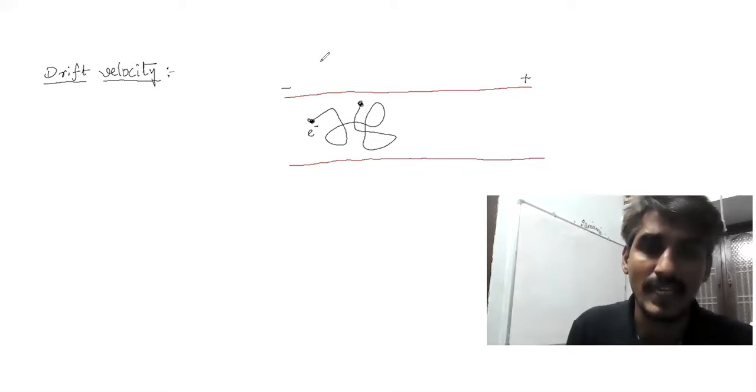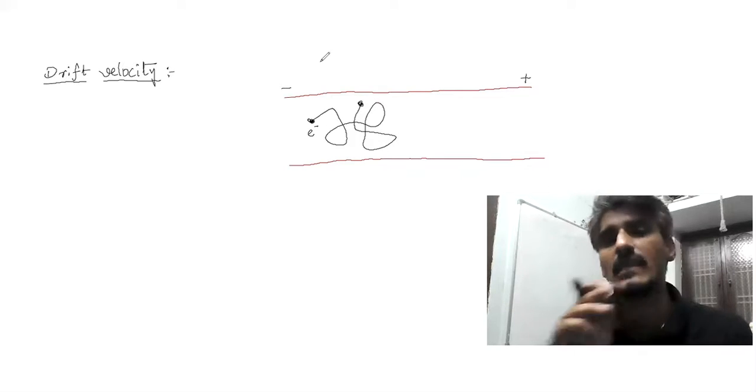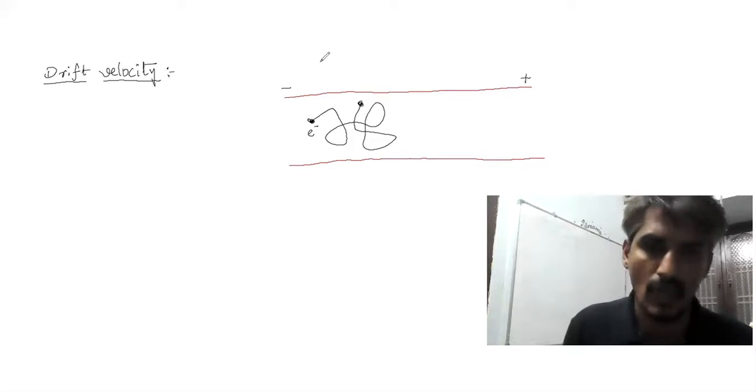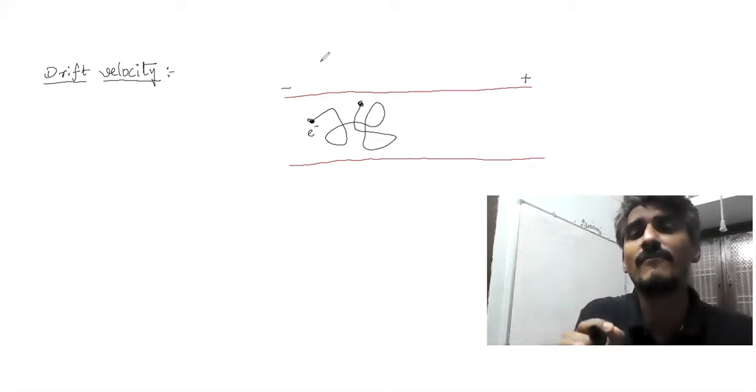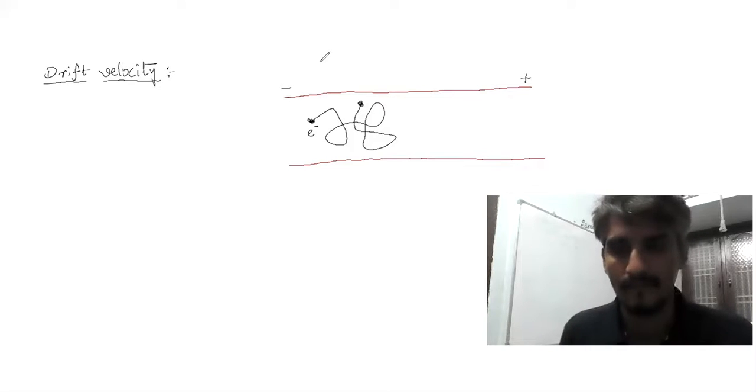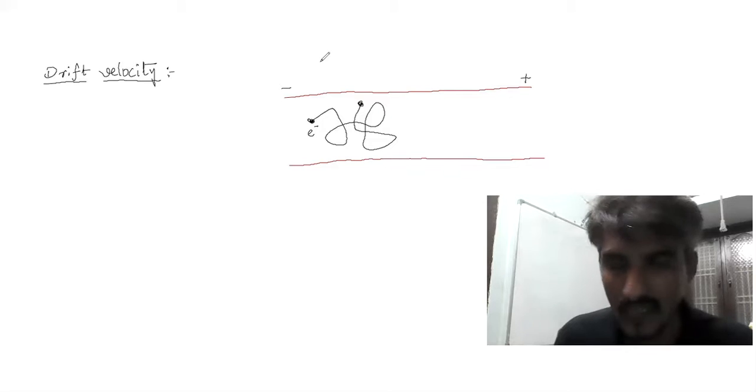But now it is not like that. When we connect this wire to a battery, these electrons will move here and there, even now also. But the thing is, they'll have a targeted path. What is a target?